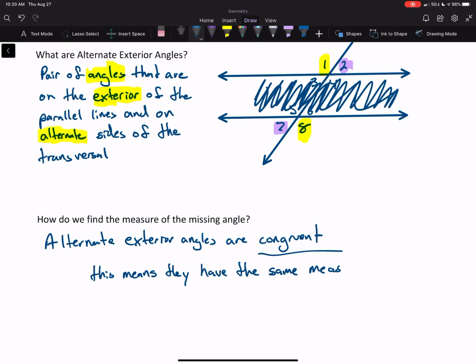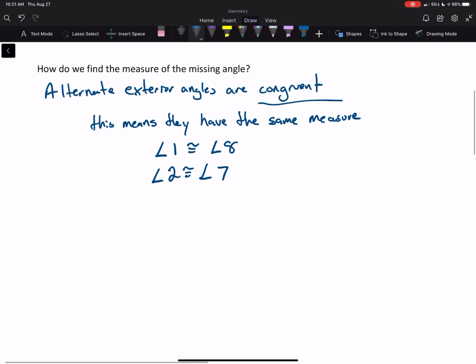So we could write this as angle 1 is congruent to angle 8, as well as angle 2 is congruent to angle 7. Angle 7 looks funny because it's like the same symbol as the 7, or as the angle. So that was how you would write those things down, that those are similar or congruent angles.